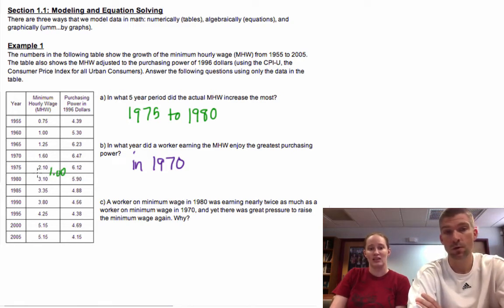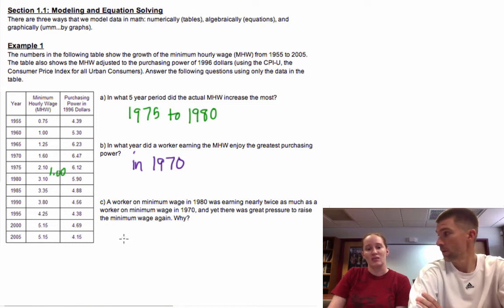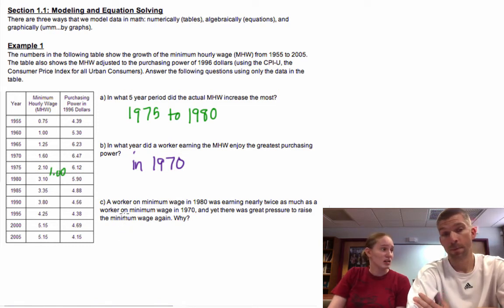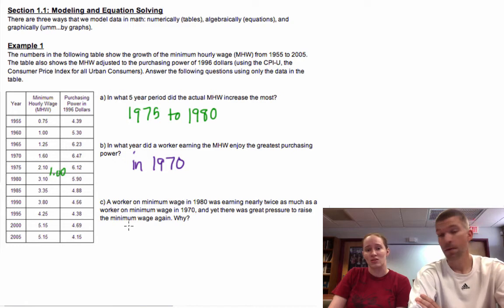You want what you have to go as far as possible. If you look at 1970, you're at $1.60. In 1980, it's at $3.10. But what it's actually worth is $6.47 versus $5.90. That's about a 50-cent difference. So I would say inflation had to do with that.